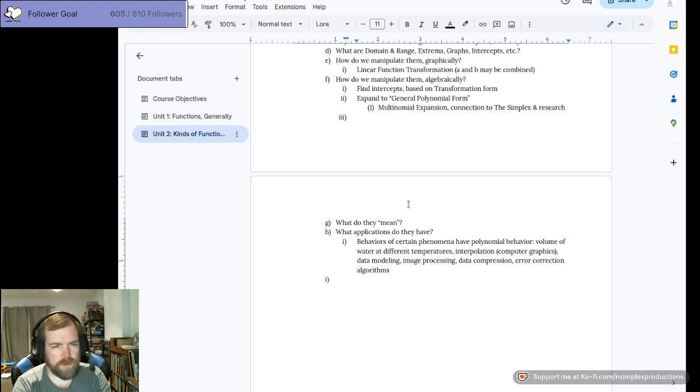Error correction algorithms. And signal processing. Good times.